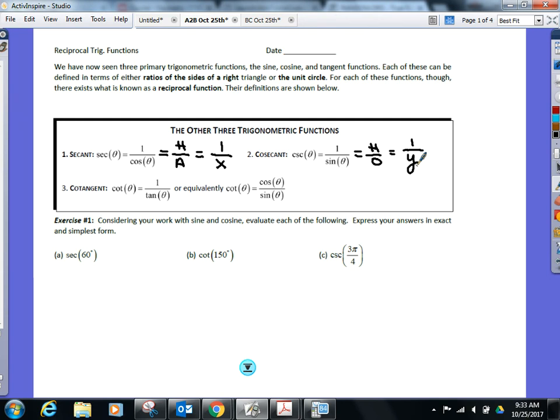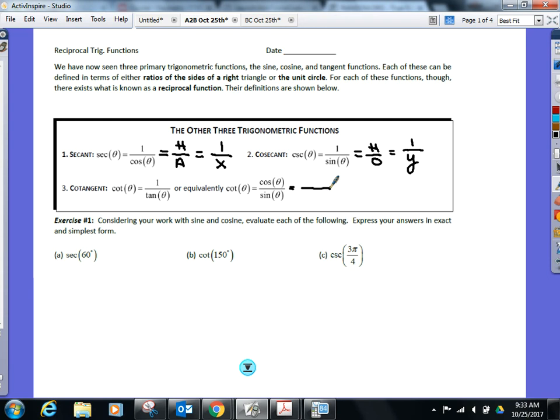This one's a nice one. What goes with tangent? Cotangent. Okay? Tangent, cotangent, it's abbreviated COT. Remember yesterday, tangent was sine over cosine? Well, now it's flipping it and cosine over sine. Anybody want to know as far as SOHCAHTOA goes? Think about it. As far as SOHCAHTOA goes, what should cotangent be equal to?